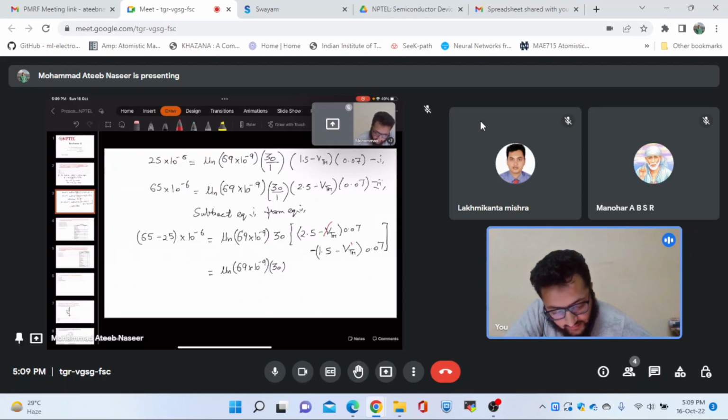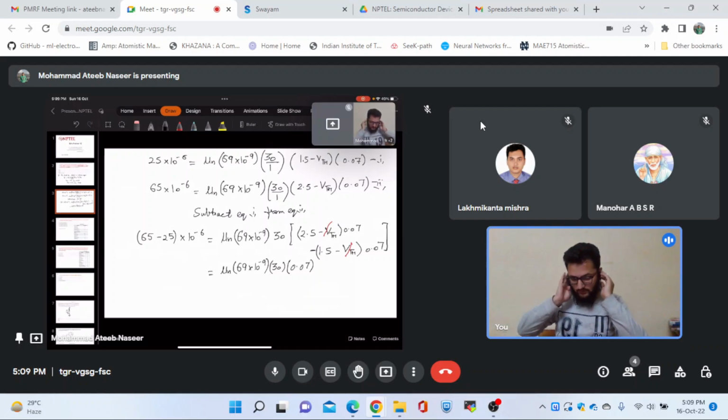So this VTH and this VTH will go, and we will be simply left with 2.5 minus 1.5 into 0.07, which is 0.07 itself. So let me write it down. Simply it will be 0.07. Now let us do the required calculations to get the mobility.